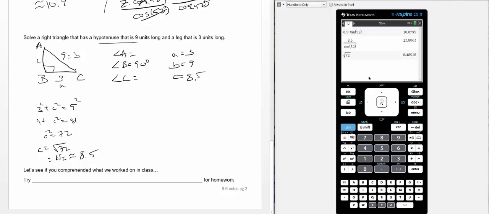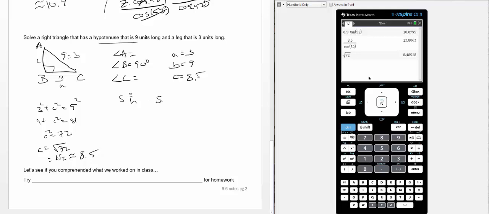Let's find these missing angles. From angle A's perspective, I'll use sine, cosine, or tangent to write a trig function. I know the opposite side and the hypotenuse. Sine uses opposite and hypotenuse.